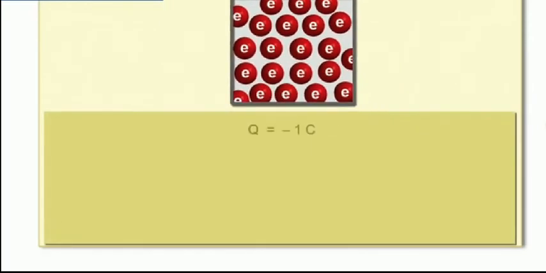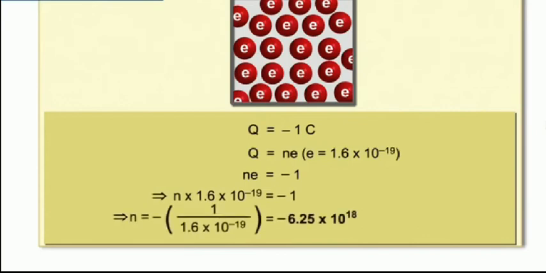Consider a body possessing a charge Q equal to minus 1 C. Let the number of electrons it has gained to become negatively charged be n, and as the charge Q is quantized, we have Q is equal to ne, where the basic unit of charge has a magnitude of 1.6 times 10 raised to the power minus 19 coulomb, and Q is equal to minus 1 C. Substituting the values of Q and e and simplifying, we have n is equal to minus 6.25 multiplied by 10 raised to the power 18.